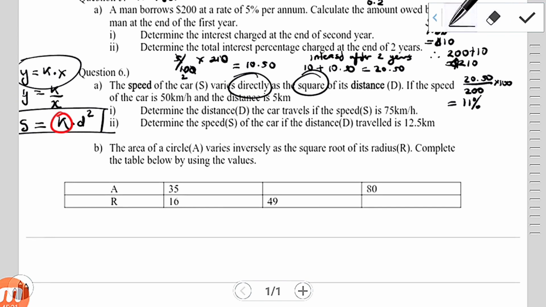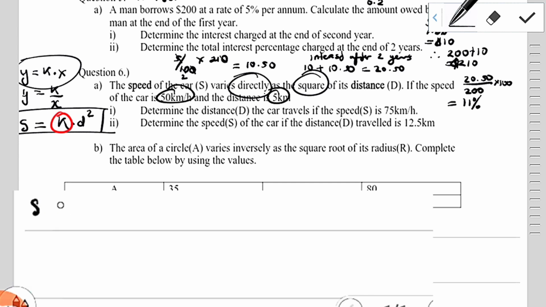To find k, notice that two initial values were given: 50 kilometers per hour, which is the speed, and 5 kilometers, which is the distance. If we write down our formula, s is equal to k multiplied by d squared, the first speed given was 50, k is unknown, and the distance is 5, but it is squared. So it's k multiplied by 5 squared.